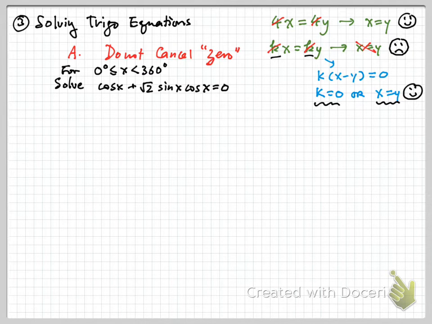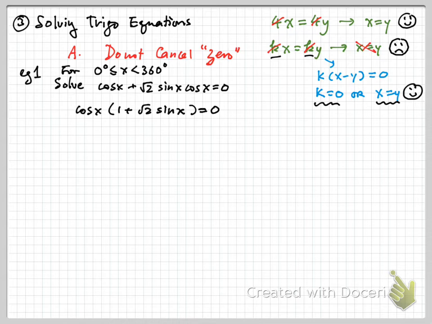If you try to cancel the cosine, so that it is 1 plus root 2 sine x is 0, that is wrong. That is precisely the problem here. You should not cancel the cosine. Rather, you should take out cosine x as a common factor: cosine x times (1 plus root 2 sine x) equals 0.